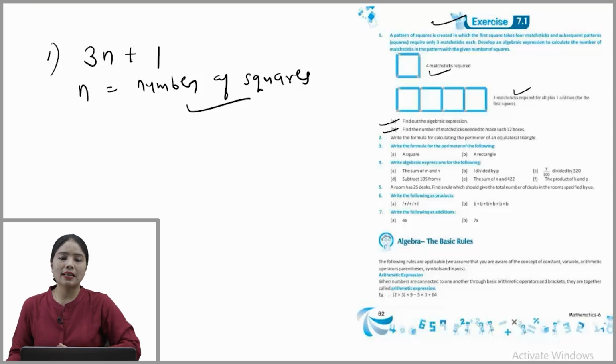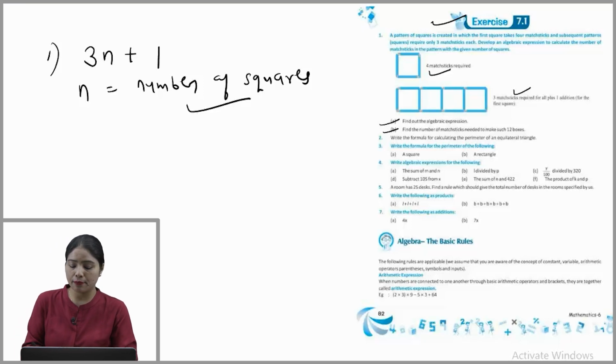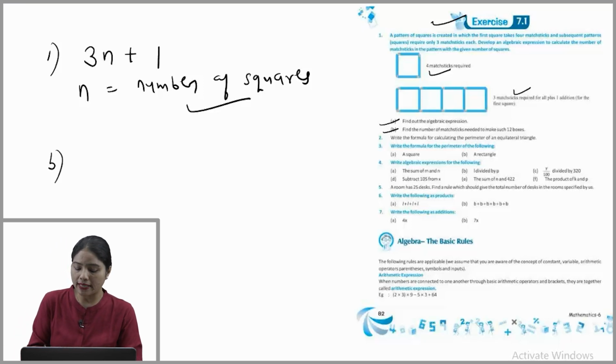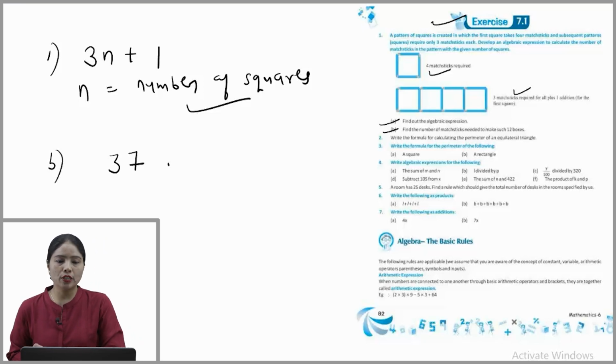So to make 12 boxes, how many matchsticks are required? For one we need 3, so for 12 we need 12 3s, which are 36, and we add 1 to 36, that means 37. So the answer to part B is 37. I hope you understood well.